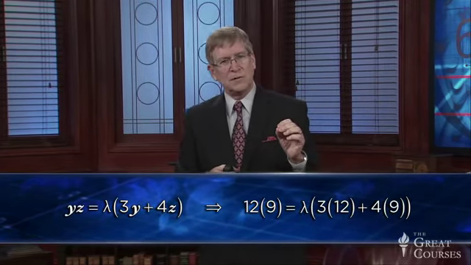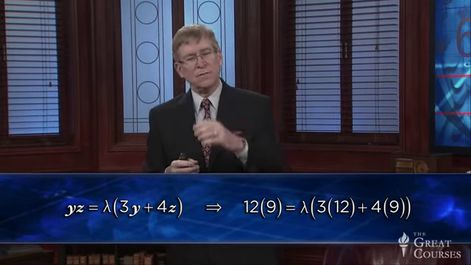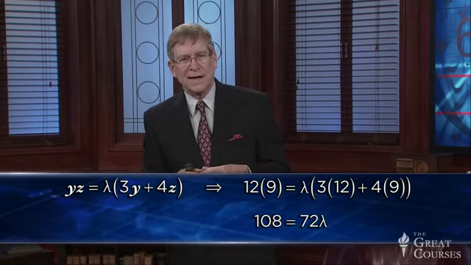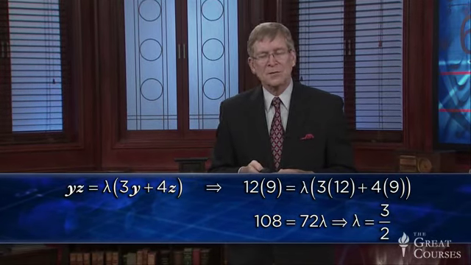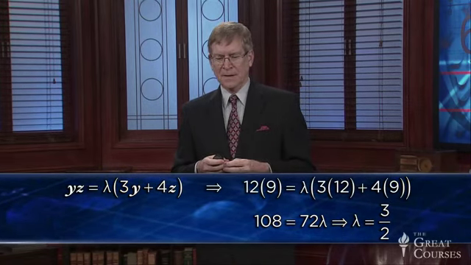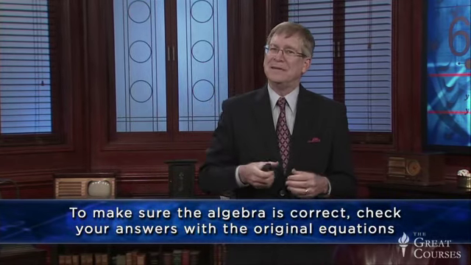So it'd be 12 times 9 equals lambda times the quantity 3 times 12 plus 4 times 9, or 108 equals 72 lambda. Lambda turns out to be 3/2. So now we know all four, x, y, z, lambda. And of course, the algebra can be daunting. One way to make sure you did the algebra correctly is to take those four values, plug them back into those four equations, and see if they're right.